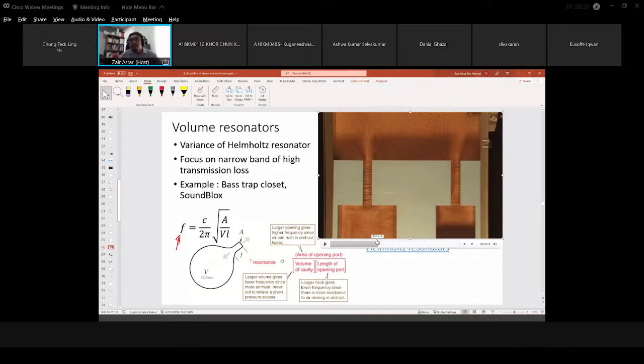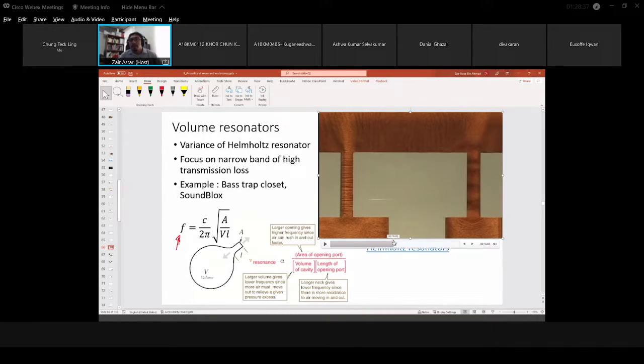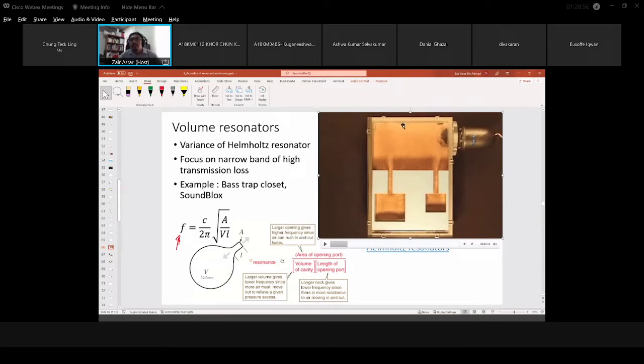And then when we increase the frequency further, now we are seeing that the resonator on the right hand side starts to vibrate a lot. And after some time, now we are seeing that the largest cavity, which is this guy here, is now behaving like a resonator.